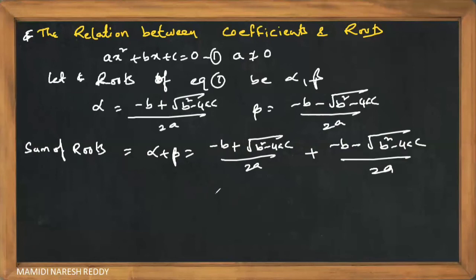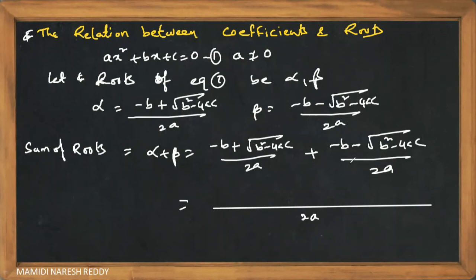Now children, see, we need to add these two terms, but they are like fractions, children, because they have the same denominator. As they have the same denominator, their LCM would be the same denominator, so the LCM will be 2a. Now that will be taken as the common denominator. Got it, children?